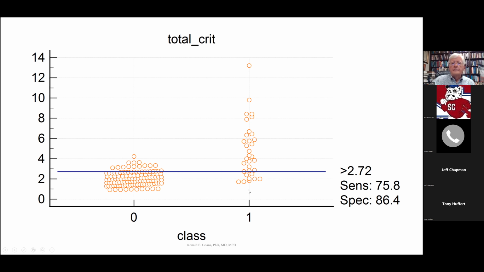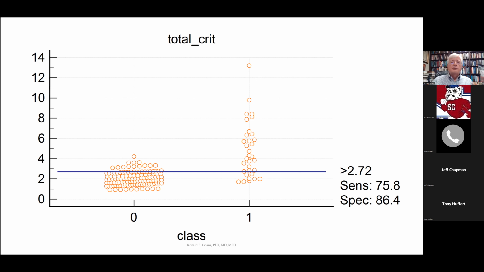Looking over at the irradiated group, most of these are above the line appropriately. They should be above. We know they're irradiated, but you've got some that didn't respond well. I think it's maybe 5%, no more than 10%. These would be false negatives.